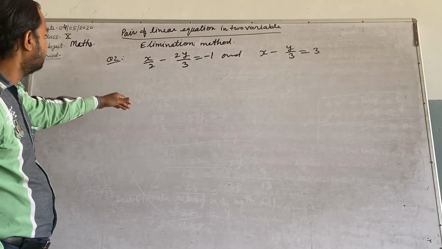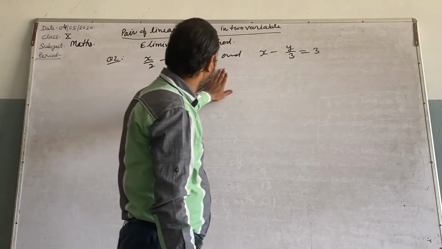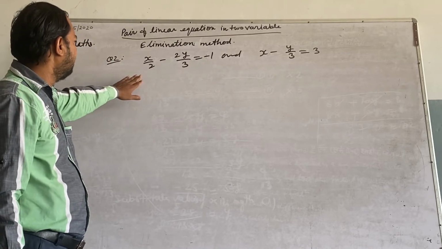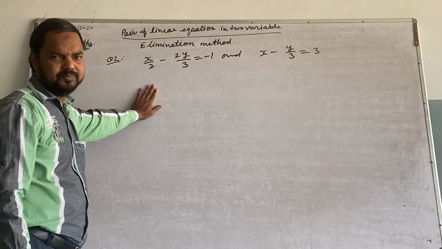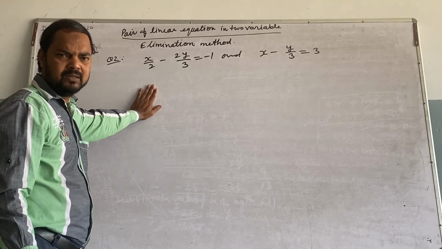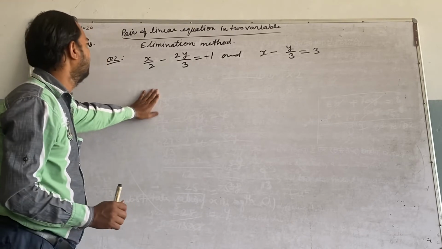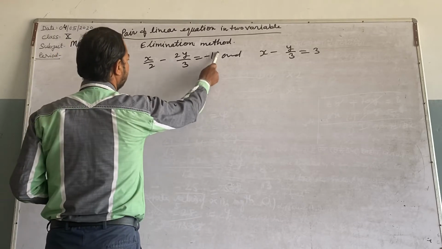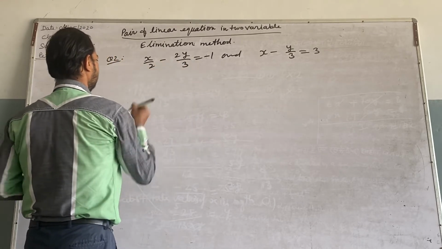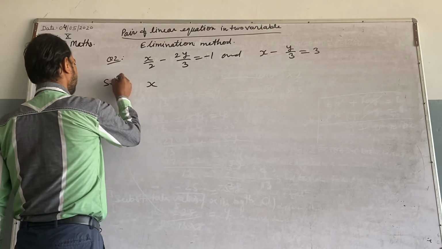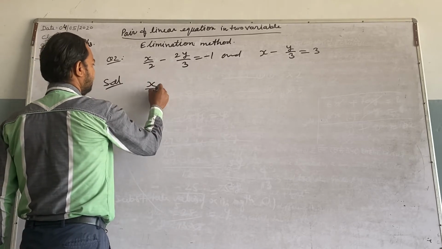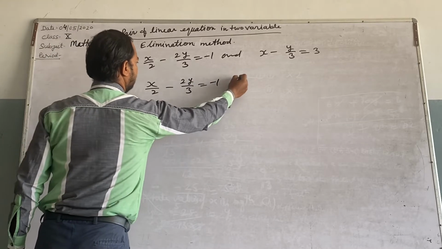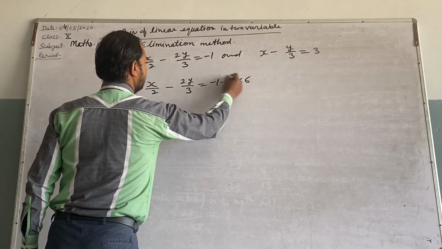As we saw in the last class yesterday, we should always first of all remove the denominator. After removing the denominator, we will find it simple. So in this case, with 2 and 6, we can multiply this equation by 6. You can write x upon 2 minus 2y upon 3 equal to minus 1, multiplied by 6, equation number 1.